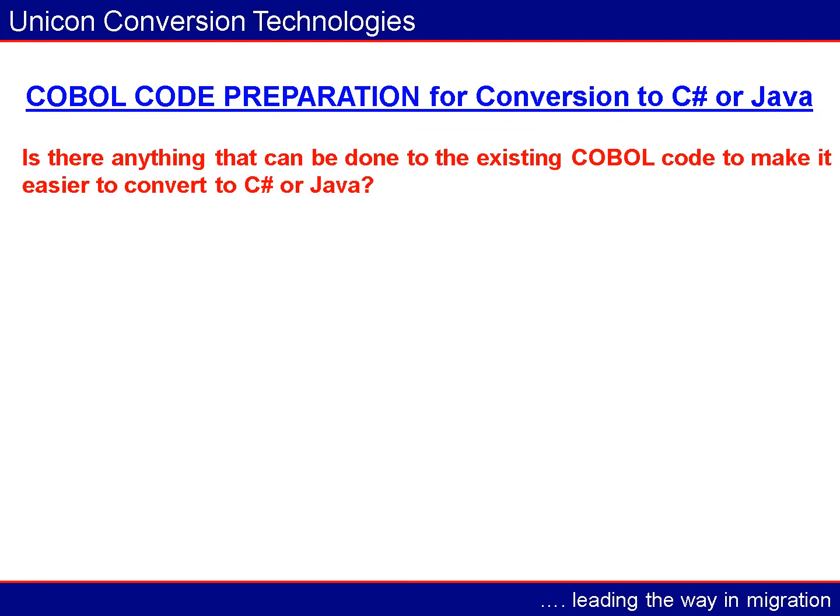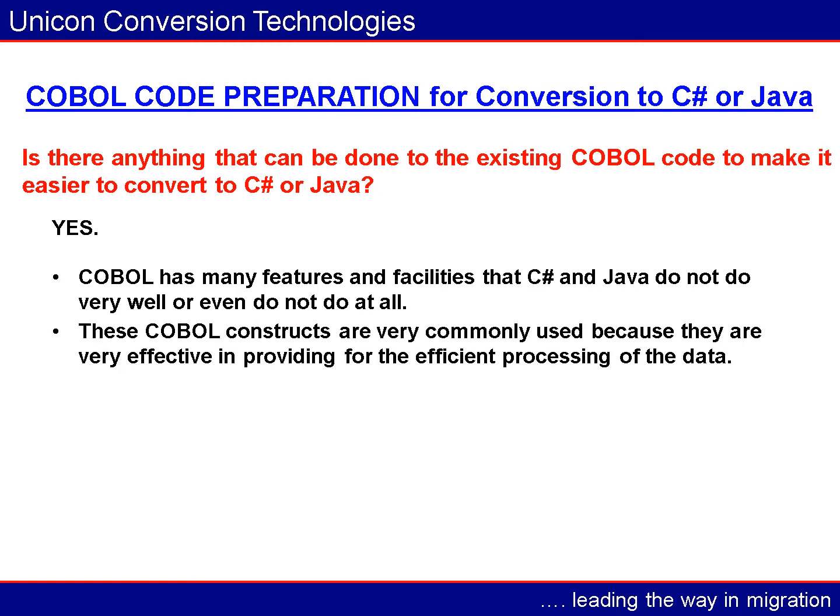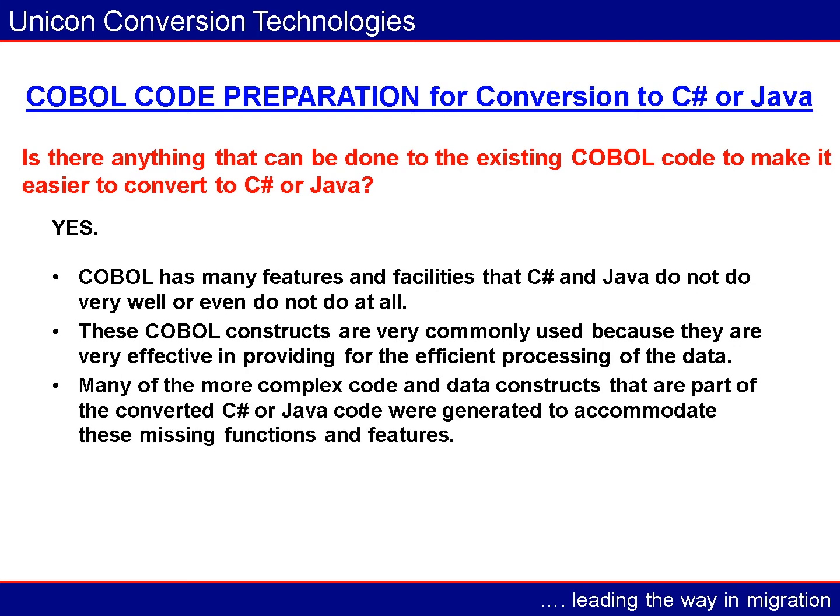Is there anything that can be done to the existing COBOL code to make it easier to convert to C# or Java? The answer to that question is yes. COBOL has many features and facilities that C# and Java do not do very well, or do not do at all. These COBOL constructs are very commonly used because they are very effective in providing for the efficient processing of the data.